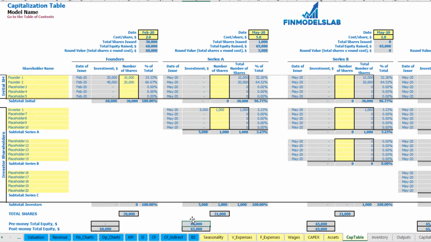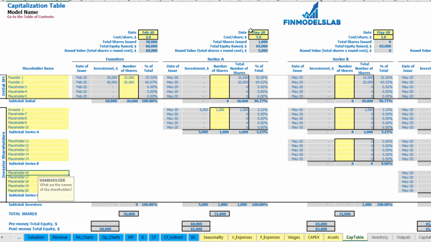You may see that before the Series A total equity was $60,000, after is $65,000, and investor 1 will have 3.23% of shares, and the shares of founder 1 and founder 2 also diluted, 32.26 and 46.52%.